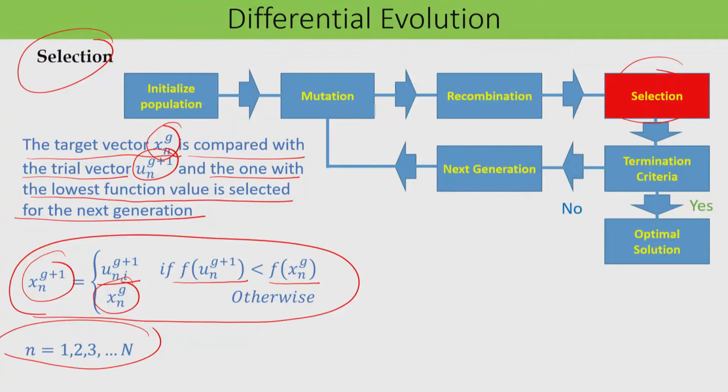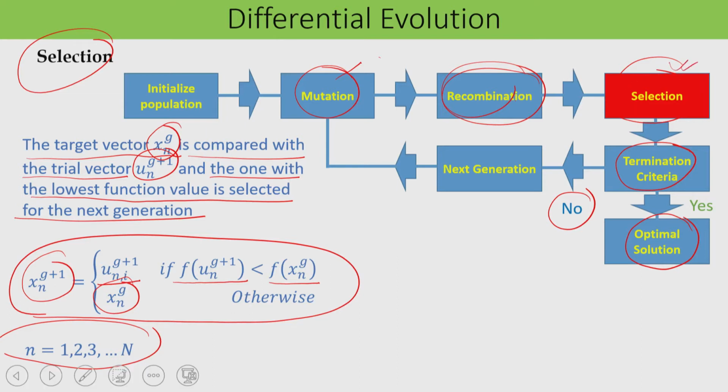Okay. So, we are selecting the better one, and then we will check for the termination criteria. If it is satisfied, we will declare the optimal solution, or if it is not satisfied, then this process will continue. Again we will go for mutation, then again recombination. In mutation we will create a donor vector, and using the donor vector and the target vector, we will get the trial vector, and then the trial vector and the target vector will be compared in this step, and the better one will be taken, and then again we will check the termination criteria.